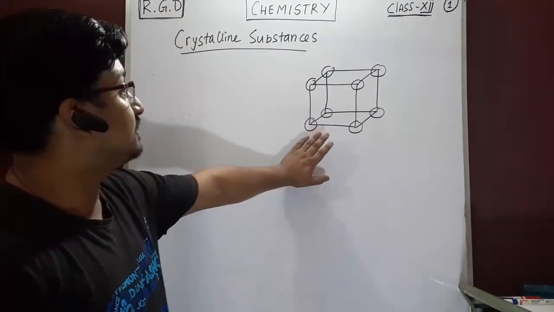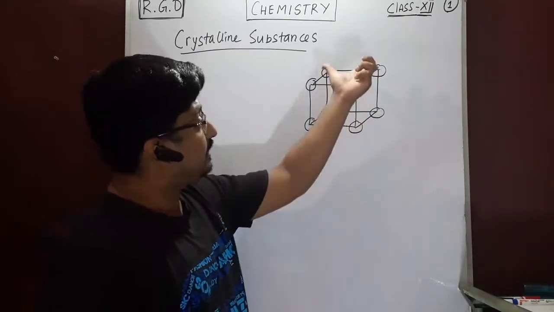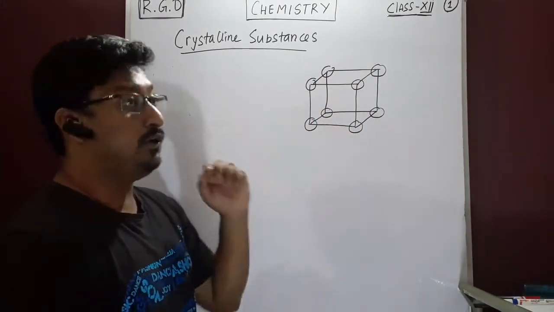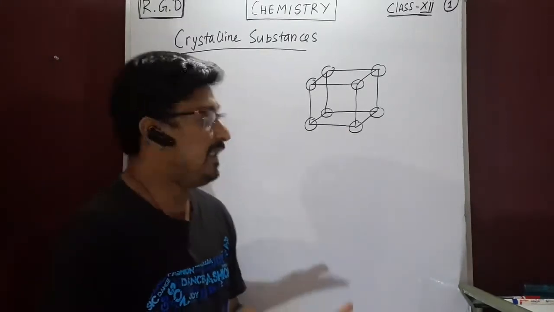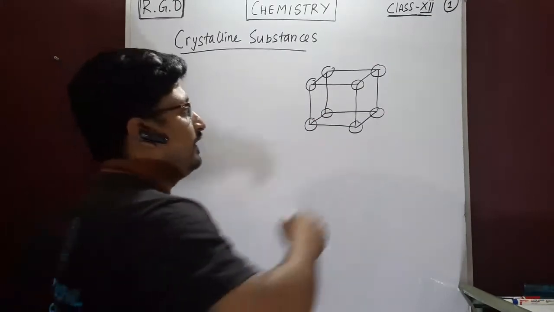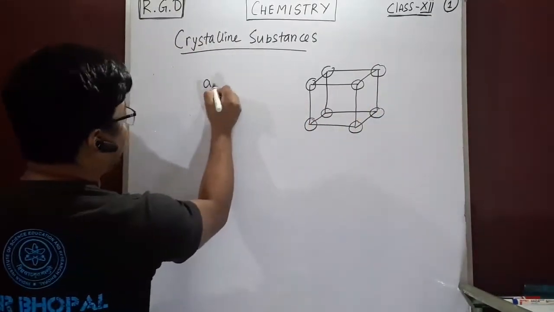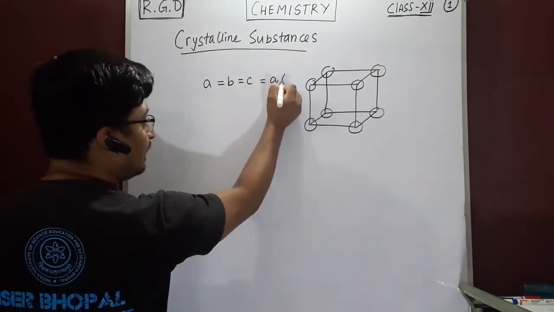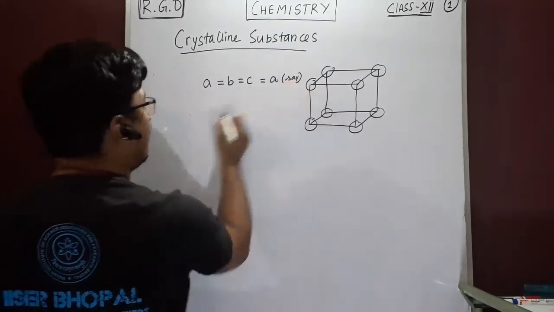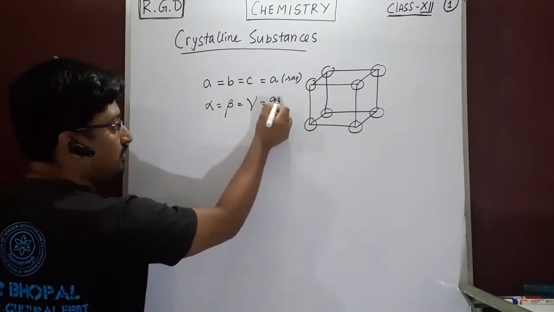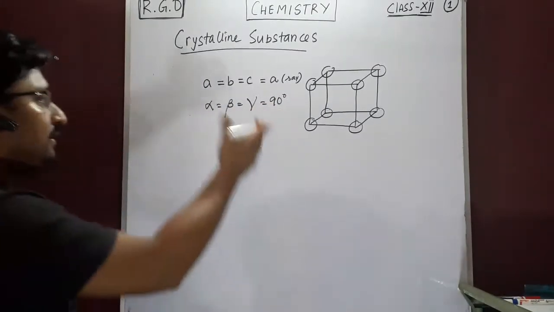So this is a system where you have a cubical unit cell where A is equal to B is equal to C, which is unit A, say, and alpha is equal to beta is equal to gamma is equal to 90 degrees.